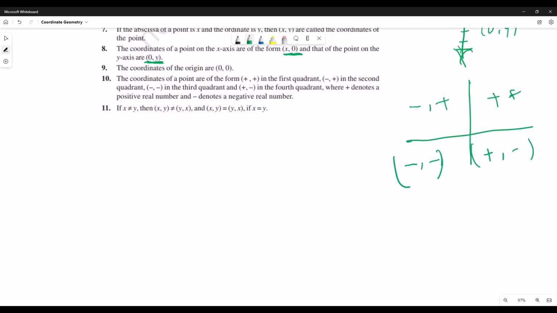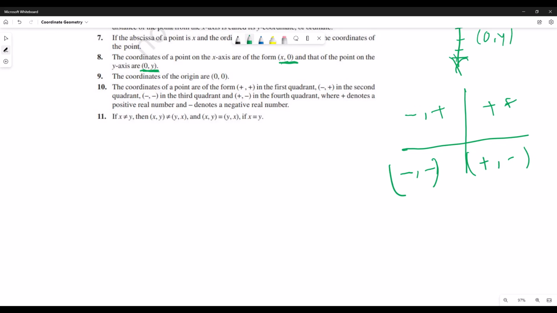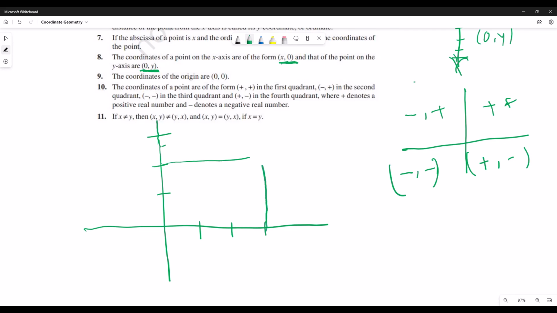Okay, so if x is not equal to y, then (x, y) is not equal to (y, x). Let us see what (x, y) and (y, x) are. So we say 1, 2, 3 and 1, 2, 3. Let us say the point is 3, 2. x is 3 and y is 2. That is (x, y).